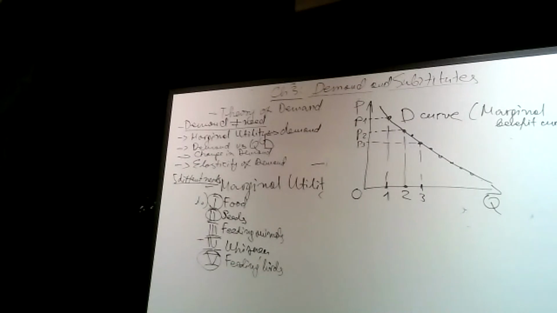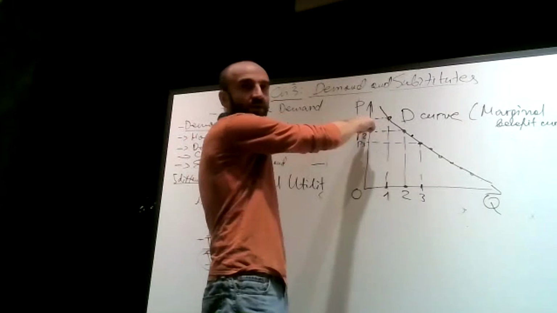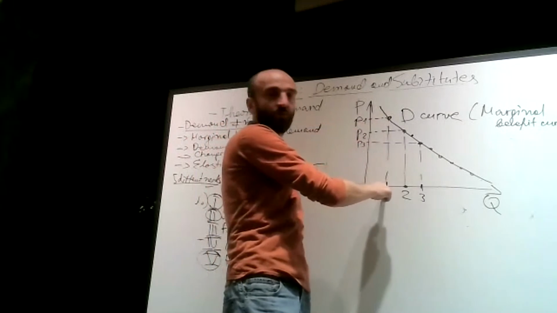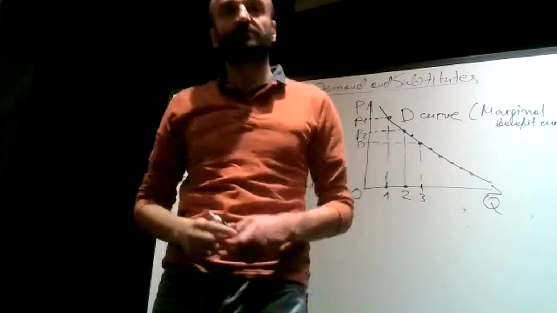Because it shows what we gain, what we achieve, how much we benefit from every additional unit of goods. You see that the marginal benefit is declining as we increase the stock of our goods. Marginal benefit is the greatest here in the first unit. That's why we are ready to pay the most for it.